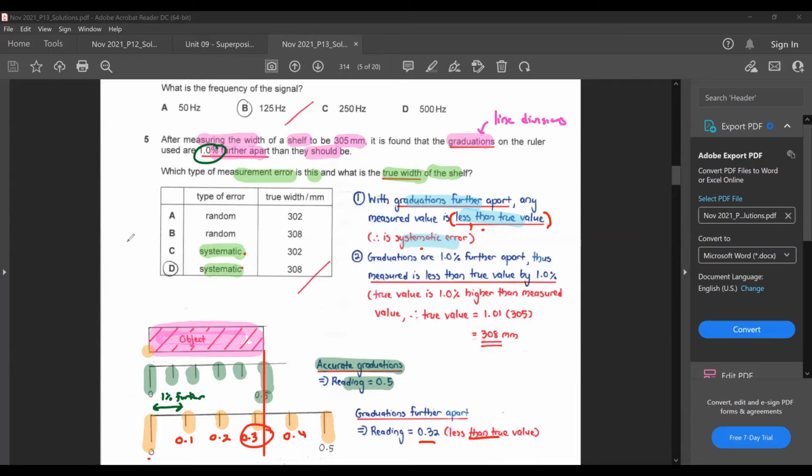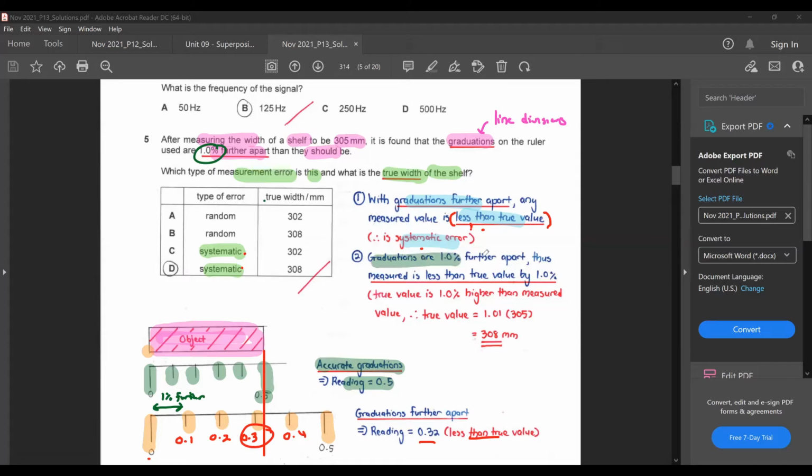Now, the next part will be finding out the true value. So the thing now is that you want to find the true value. If you know what's the error, can you then work out what is the actual value? So this one is point number 2.